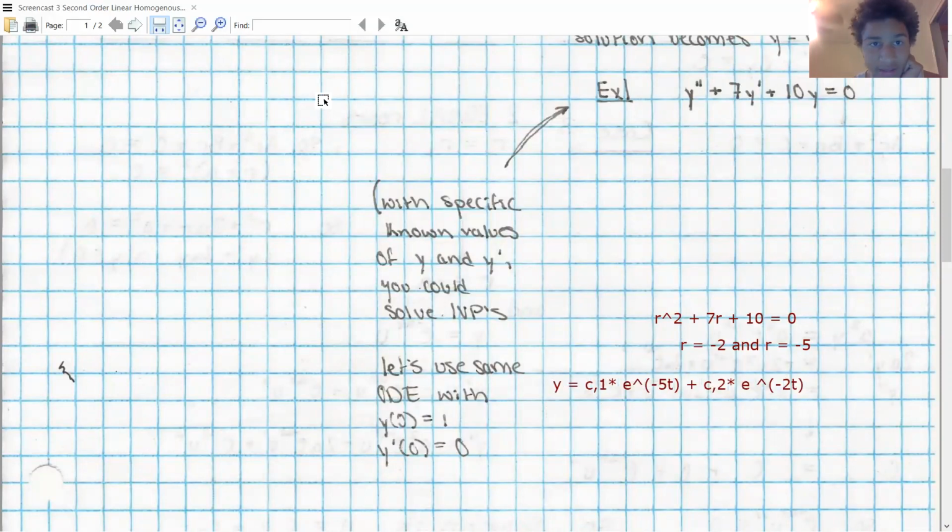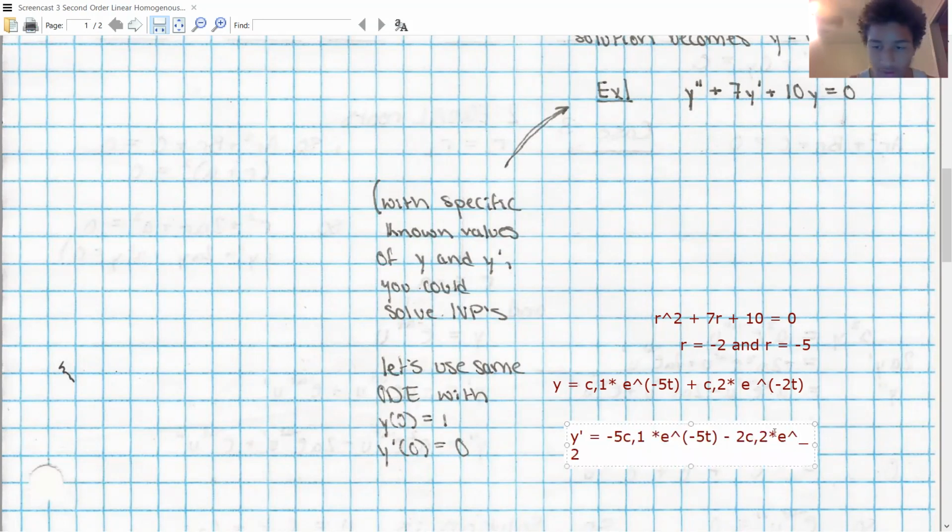So we'll get something like y prime equal to -5 c sub 1 times e to the -5t minus 2 times c sub 2 times e to the -2t.